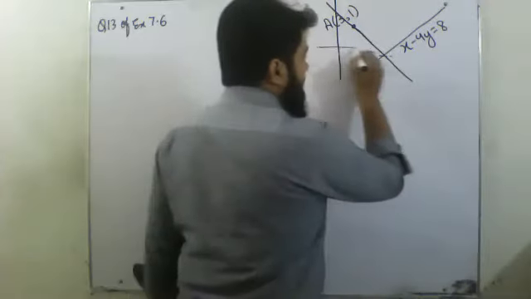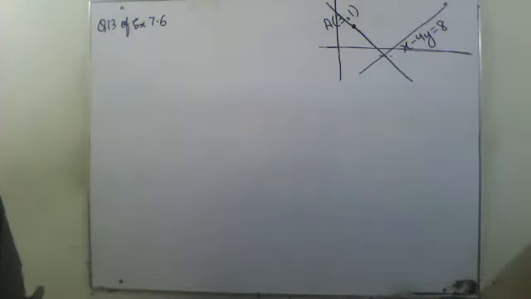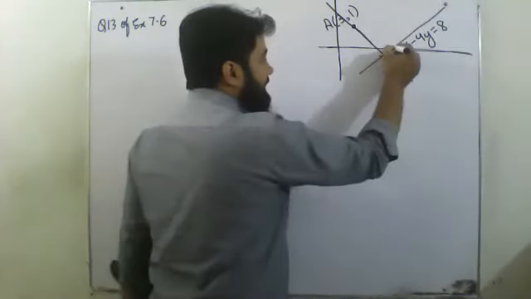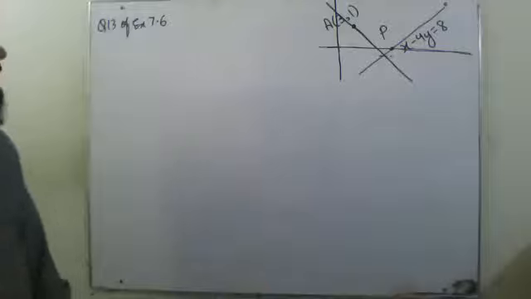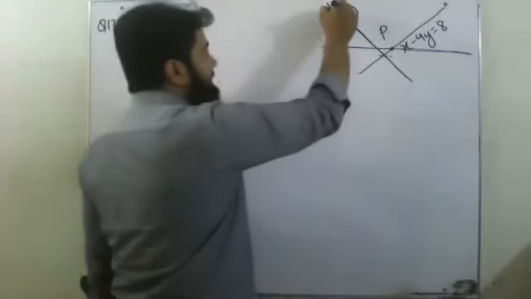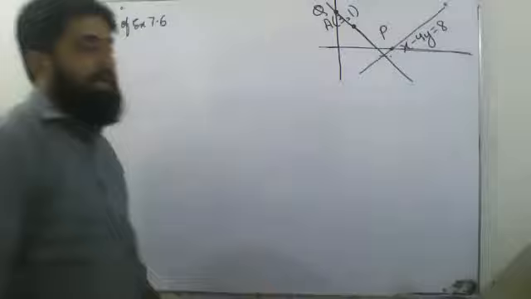So let's roughly I have drawn this thing. Now the point where it is intersecting the x-axis, they have given us that point as P, right? And the point where it is intersecting the y-axis, they have given us as Q.